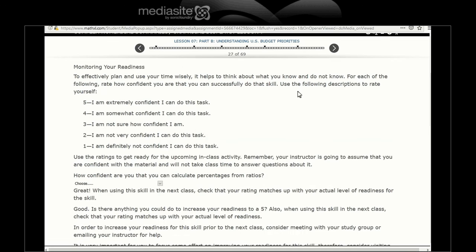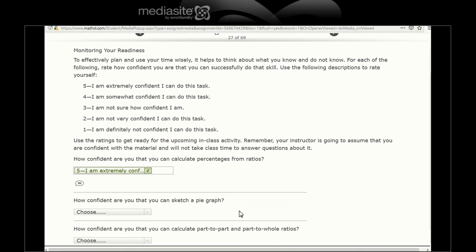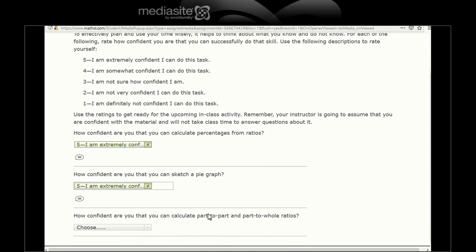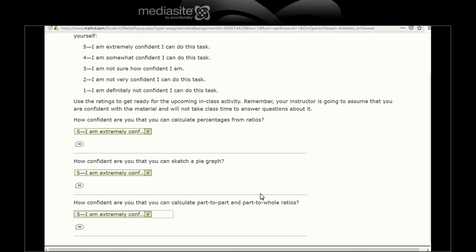Okay, so let's see. We should now have some confidence of calculating percentages from ratios, some confidence of sketching a pie graph, and some confidence doing a part-to-part and part-to-whole ratio.